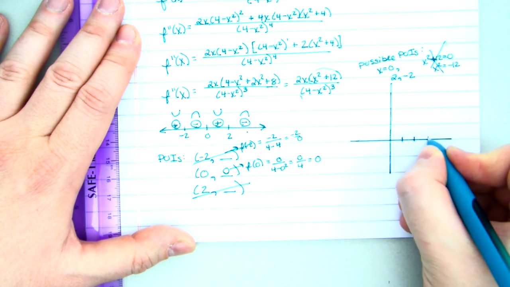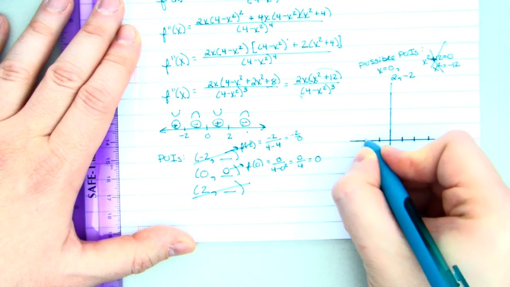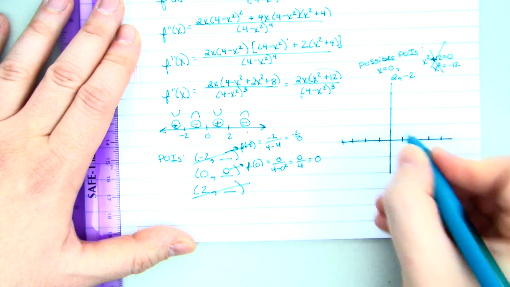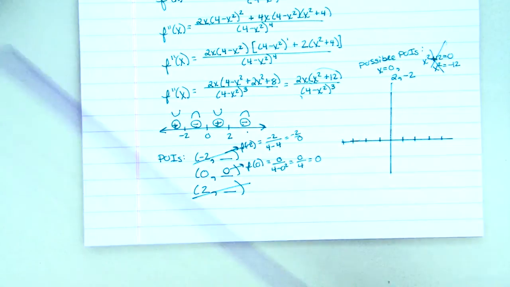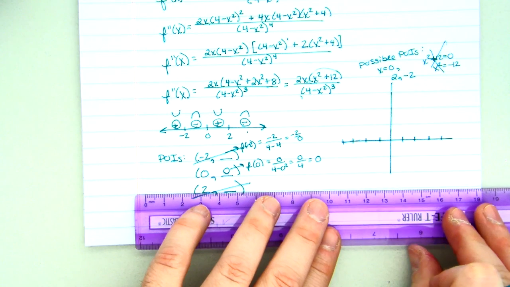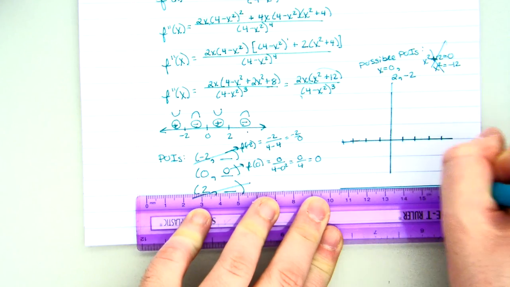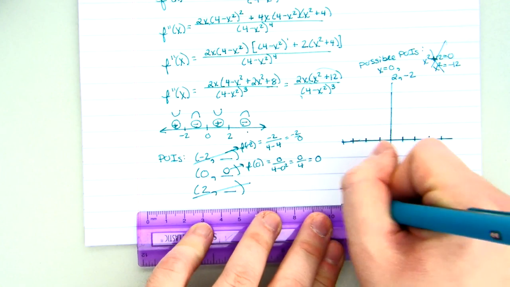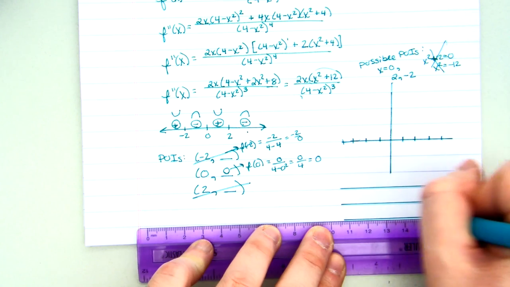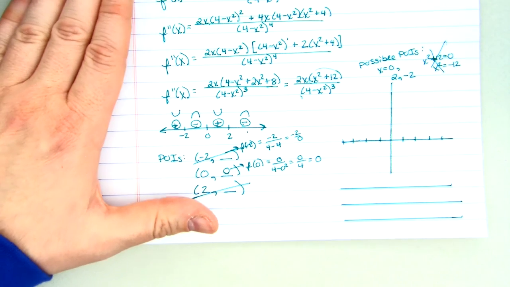That was a little longer than I was anticipating. Okay, whatever. Actually, maybe that's good enough. Below here, I'm going to do my 3 number lines: f, f prime, f double prime.